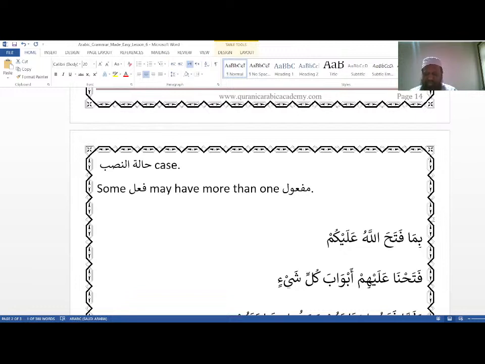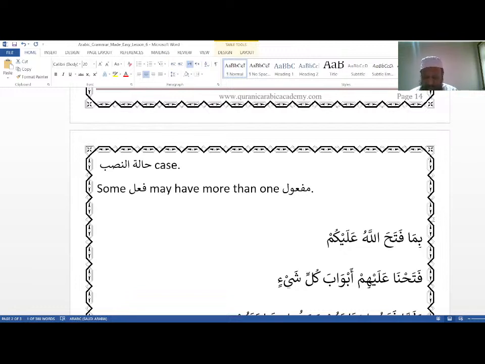Any ism that has fatha on the last letter in halatul nasb. So we have alayhim, one word. We don't see fatha on the last letter, the meem. Next we have abwaba. Yes, this ism is in halatul nasb to be the maf'ul. So the action of opening has taken effect on the abwab.